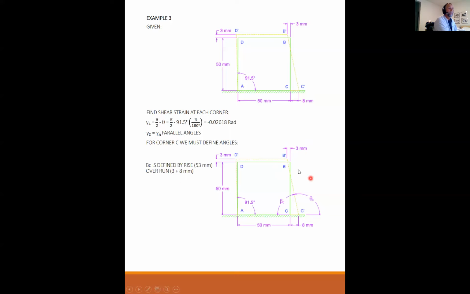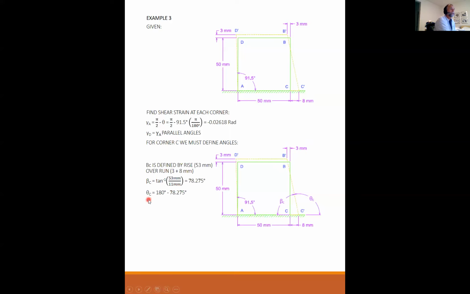The run is going to be the horizontal translation at B of 3 millimeters plus the horizontal translation of C of 8 millimeters. So if you draw a triangle right in here, the total horizontal is 11 millimeters and the total vertical is 53 millimeters. Knowing this, I can find beta C is equal to the inverse tangent of 53 over 11, which is equal to 78.275 degrees. So that's beta C.